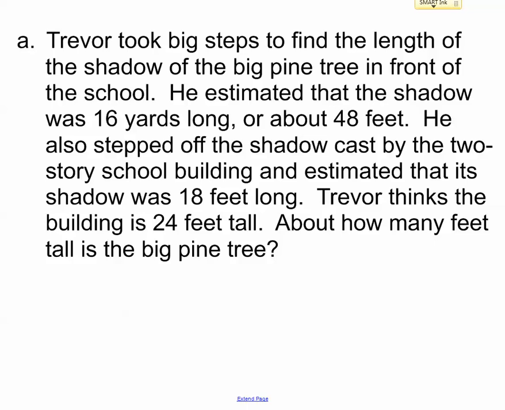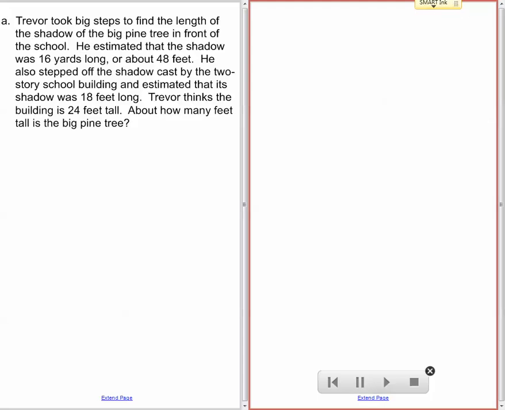So let's look at this situation here. Got a pine tree. You guys all know what an artist I am. That's casting a shadow. And we've got a two-story school building casting a shadow.